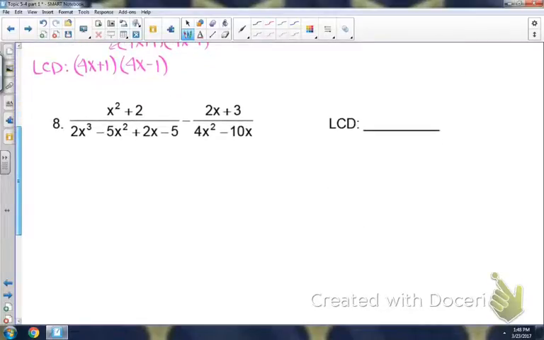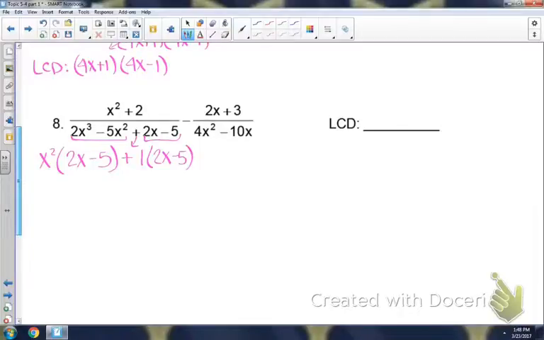Okay, last one. Your denominator on the first one has 4 terms, so we're going to factor by grouping. Group only the first 2 and find the GCF. That would be x squared. You're left with 2x minus 5. Remember to bring down your middle sign. They only have a 1 in common, and you're left with 2x minus 5.